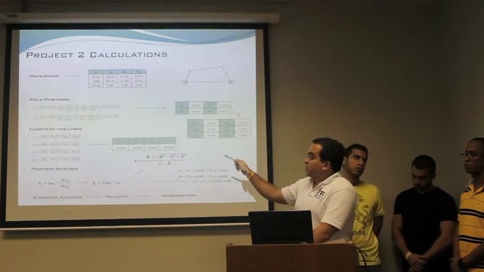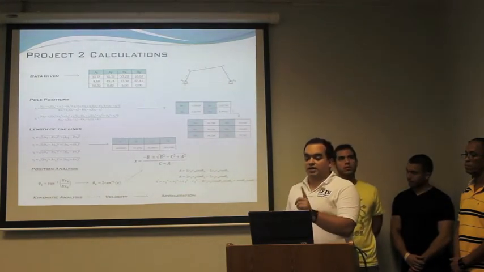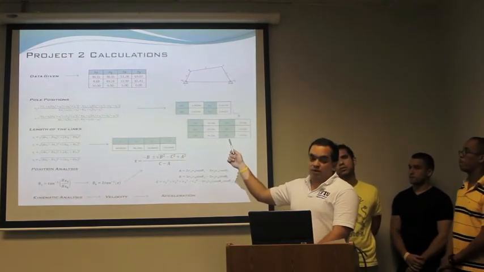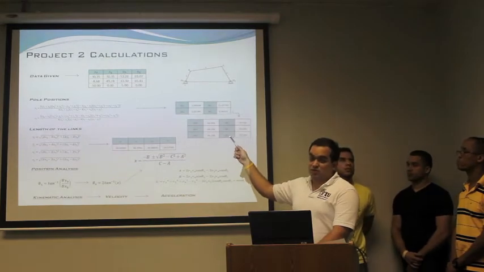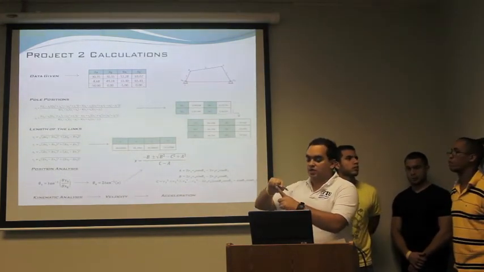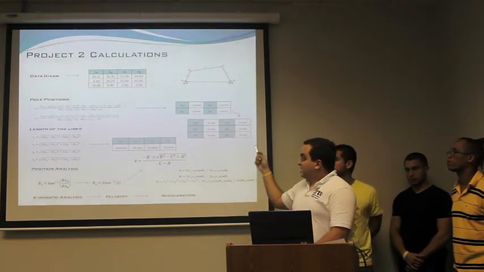For the second project, the data given were 3 points of the coupler link, point A and point B, in 3 different positions. Those positions were used to find the pole positions, and these pole positions were proven by calculating the length between each pole and between the poles and each coordinate.